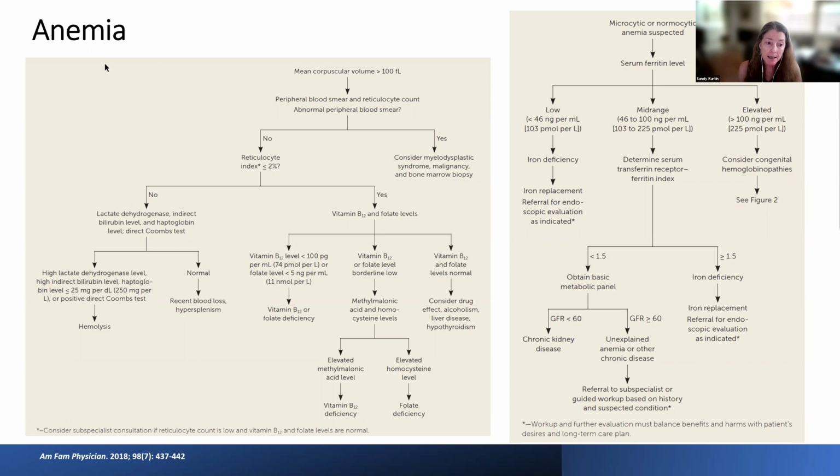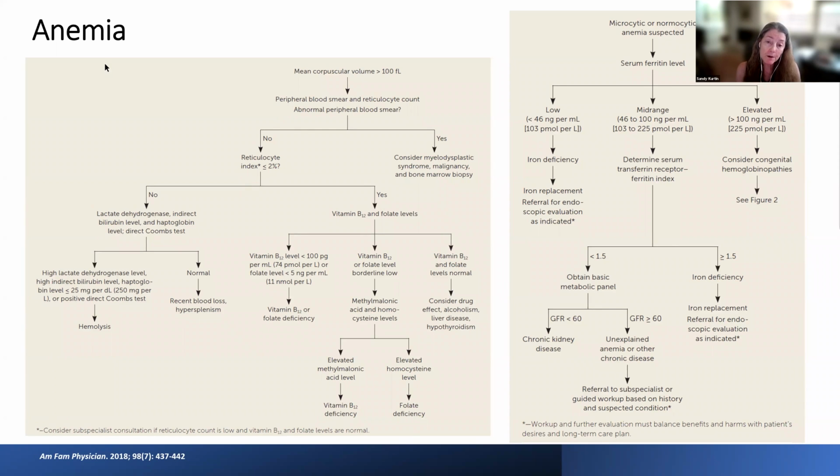If that's not, then we're going to look for other processes like hemolysis or hypersplenism. And then, of course, nutritional deficiencies or alcoholism can be another factor, liver disease, as you can see here. So working through that algorithm.